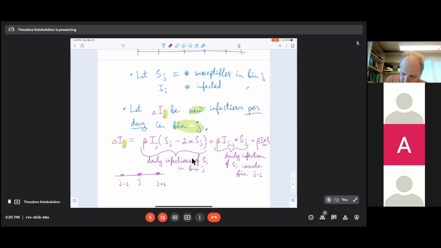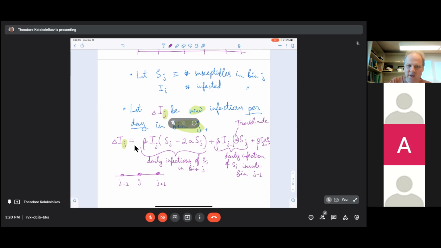So this alpha here is the travel rate. Some fraction of individuals, namely alpha times S_j, travel to the neighboring bin j minus 1, and then they can get infected there with some rate beta.